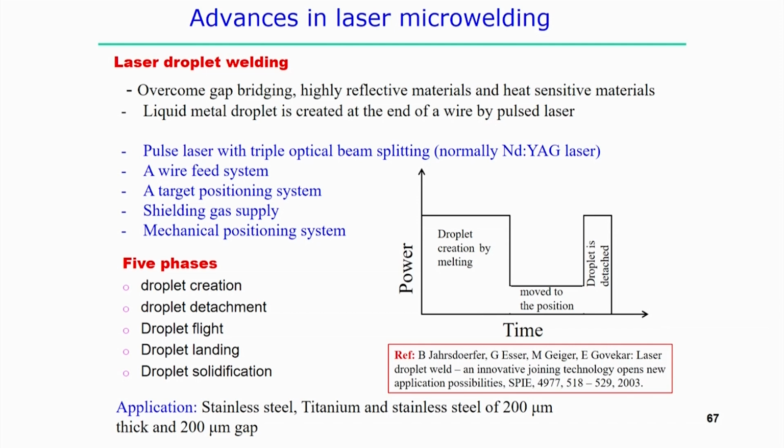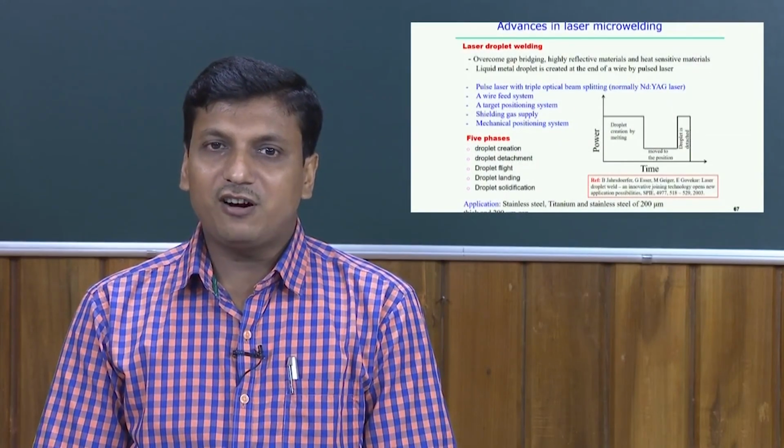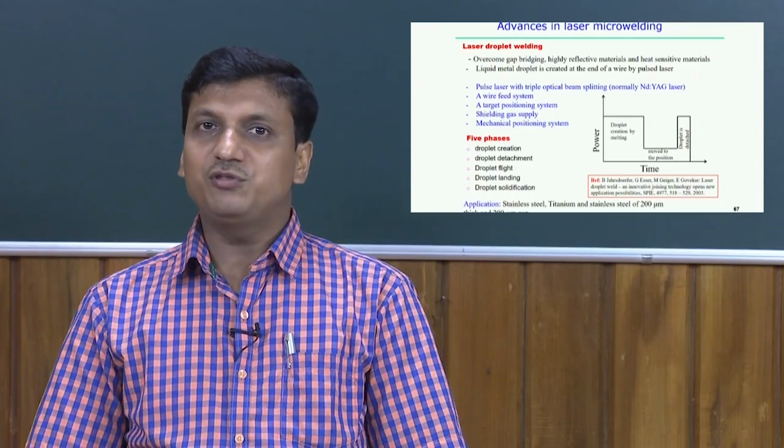On these types of materials, using conventional laser welding processes sometimes becomes very difficult. So as an alternative method, it is possible to use a liquid metal droplet created at the end of a wire, using a pulse laser.